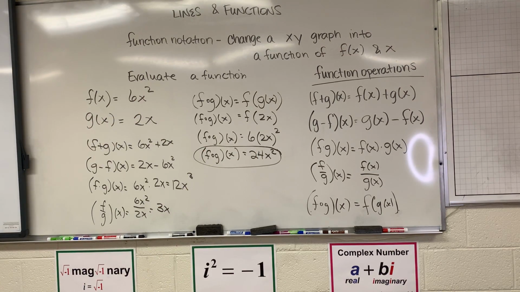Okay, and they can do that multiple times. You know, f of g of h, f of g of g, f of f of f of f of f. They can do it whatever way they want to do it. And it just means keep taking it, put it in, and every time you do it, you start from the center and work your way out. Okay? That's composition.